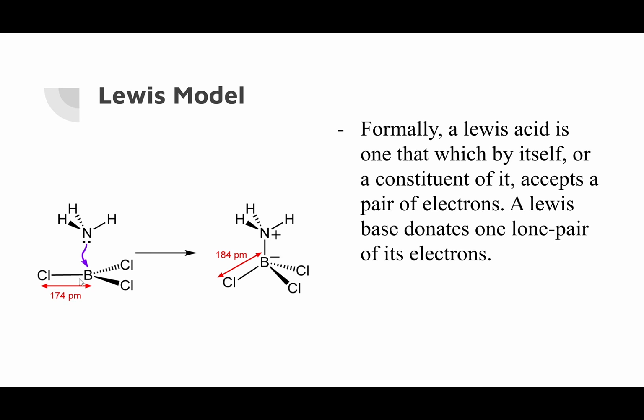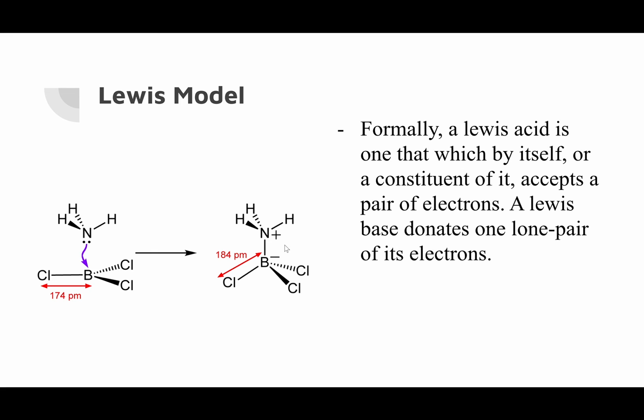Boron trichloride has an incomplete octet, so it wants an extra pair of electrons to attain that octet, and so it forms a bond with the lone pair on the nitrogen. In this sense, the boron trichloride accepts a pair of electrons and therefore serves as a Lewis acid, while ammonia donates a pair of electrons and therefore serves as a Lewis base. And so this is an example of a Lewis acid-base reaction.